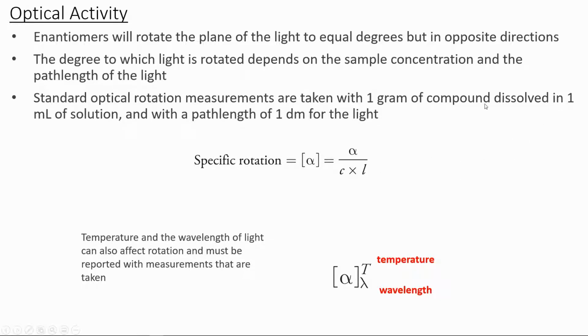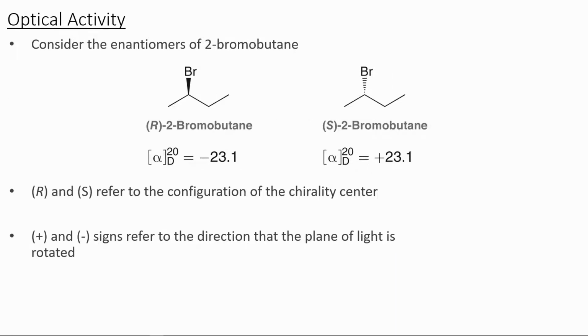So if we use, for example, 1 milliliter solution and we use 1 dm path length and 1 gram of compound, we can have some standard amounts for this specific rotation calculation. And we also have to take into account the temperature of the solution. So these are all parameters that will be used for the calculation of optical activity.